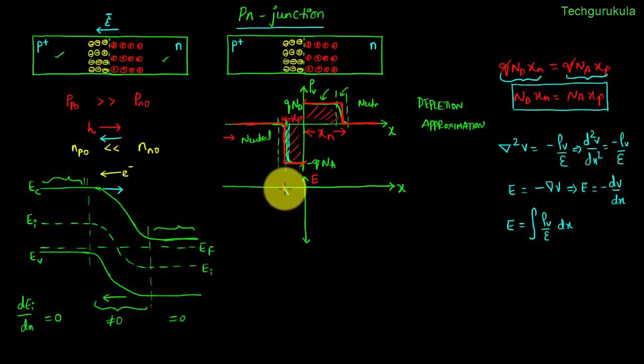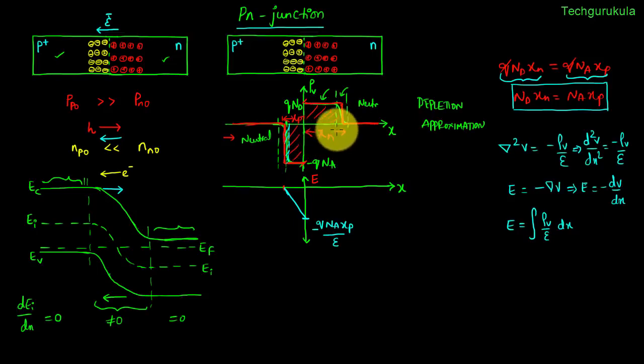So this value would increase and meet a point on the y-axis where the magnitude would be equal to the area under this box divided by epsilon. The area of that box is Q times Na times Xp over epsilon, and the value is negative.